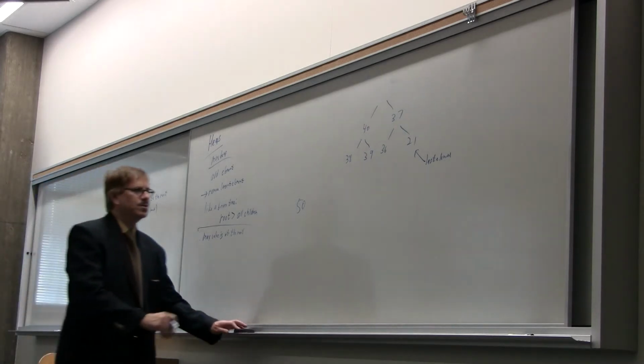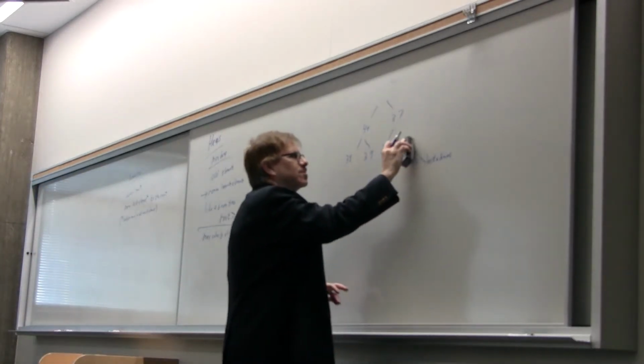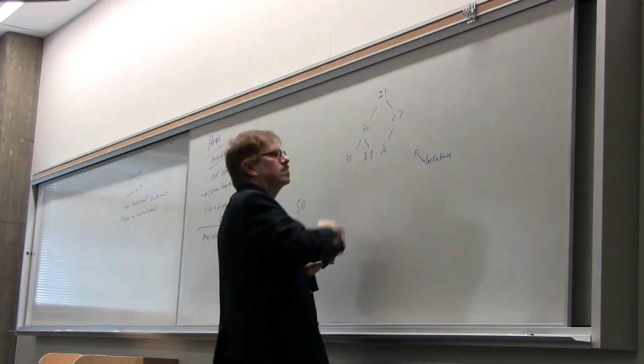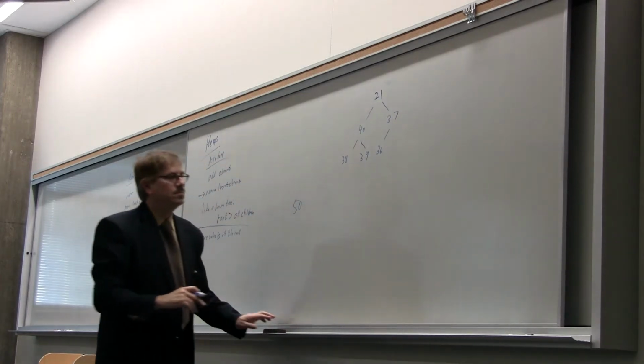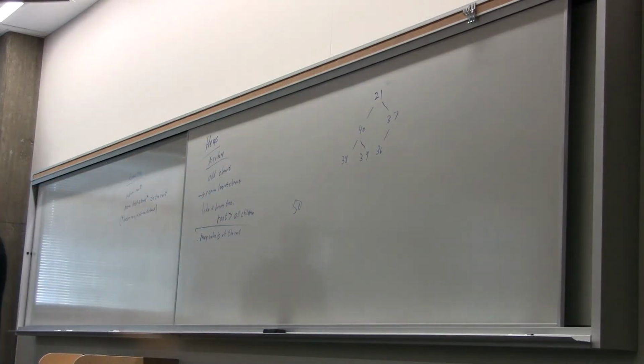So this 21, this is going to become the root of the tree. But we probably still don't have a heap, because we just took something from deep down in the tree and we moved it up to the root. It's probably not satisfying the heap property.